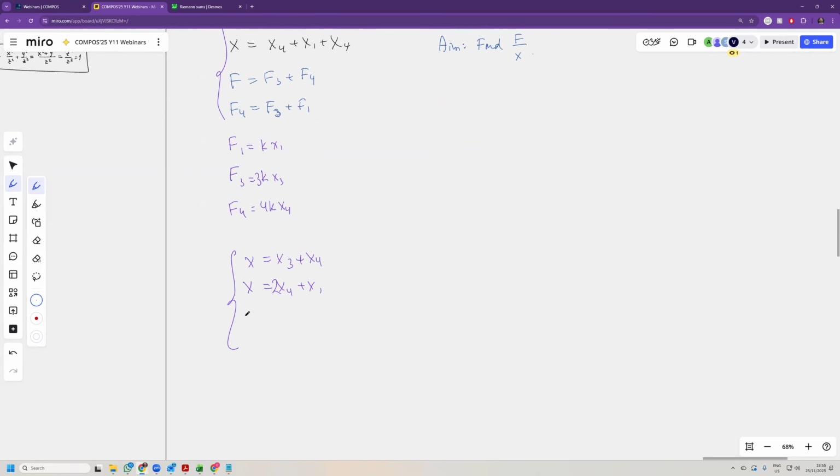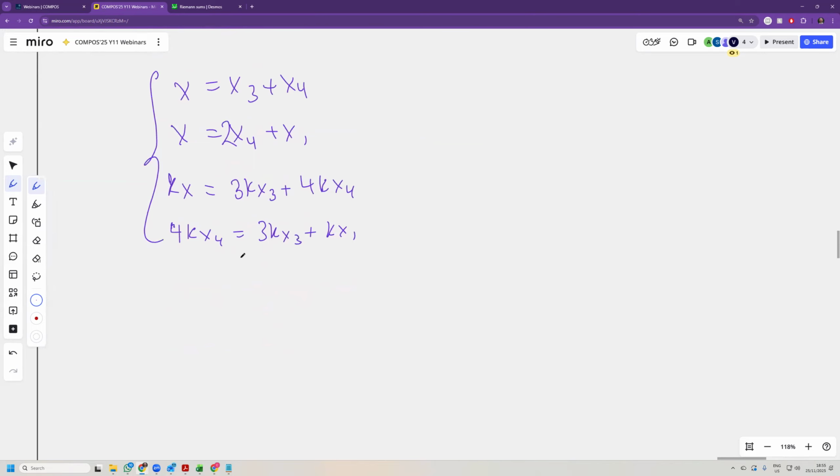Then F is kx equals 3kx3 plus 4kx4. And lastly, 4kx4 equals 3kx3 plus kx1.